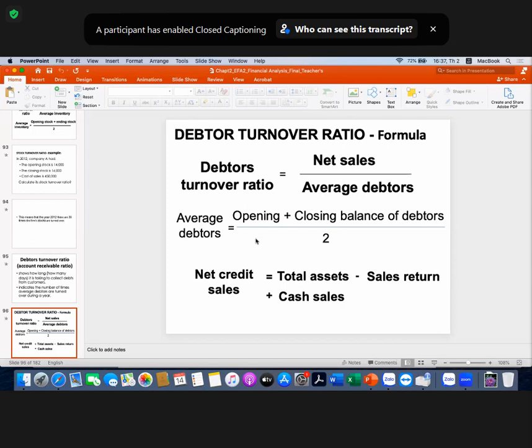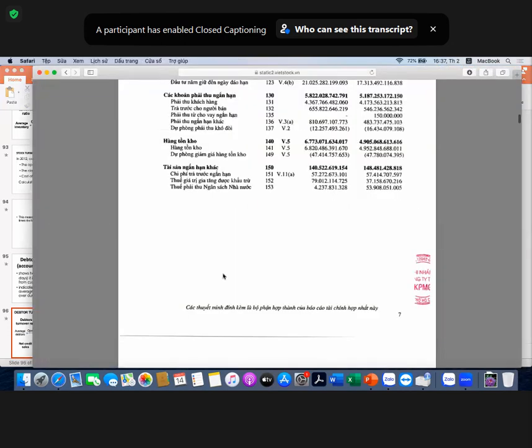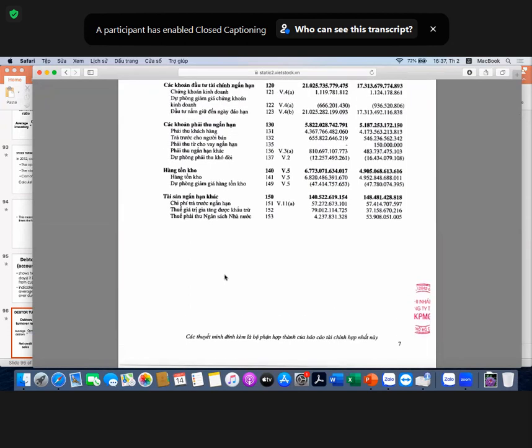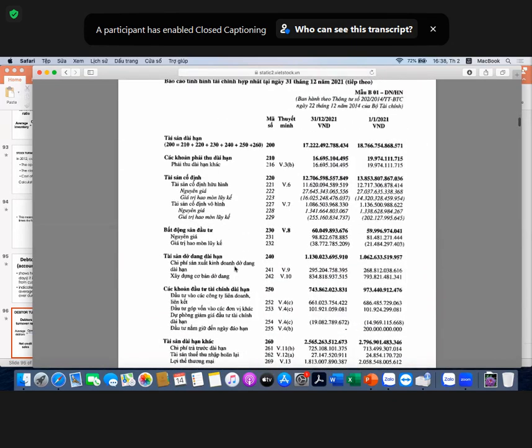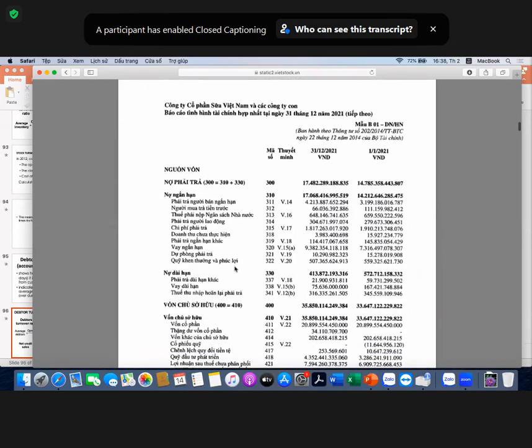Okay. So back to the financial ratio. What is the debtor turnover ratio? This is tracking the net sale.